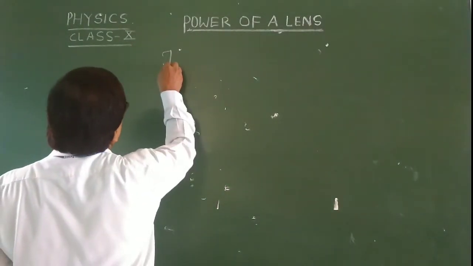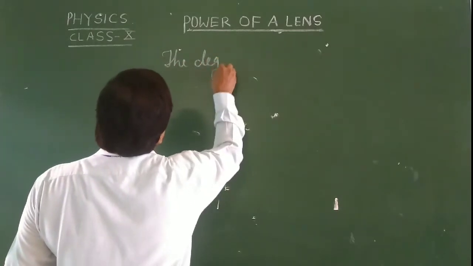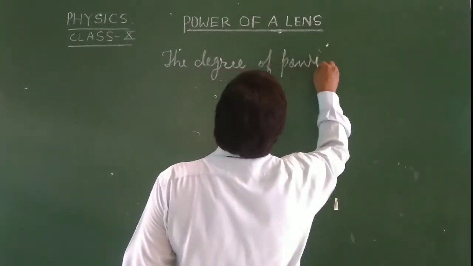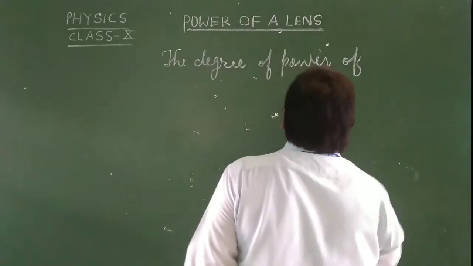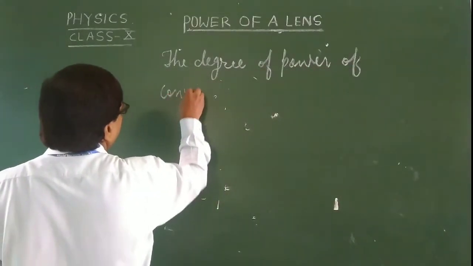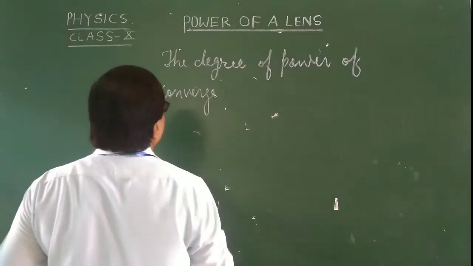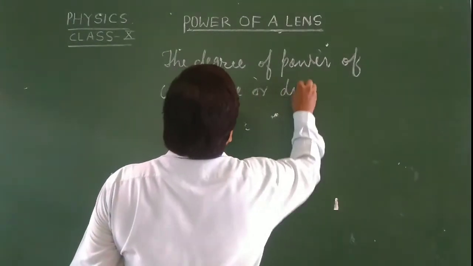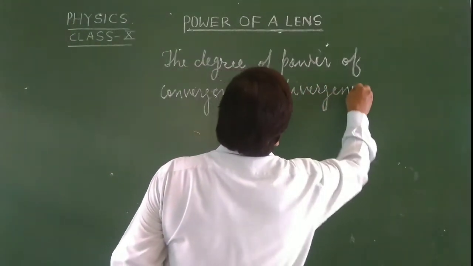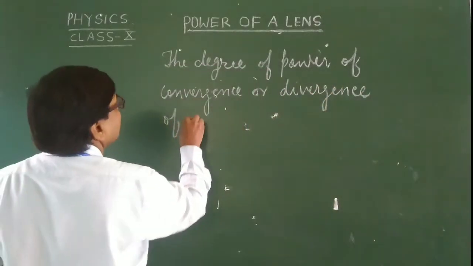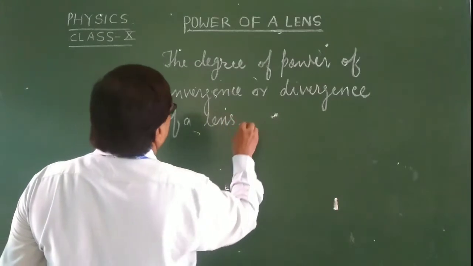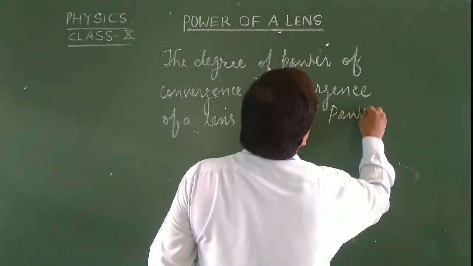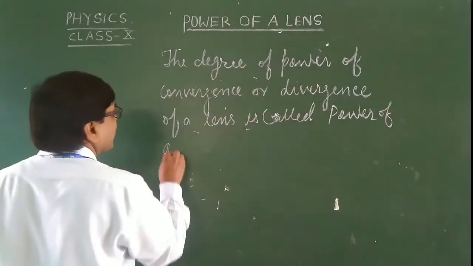The degree of convergence or divergence of a lens is called power of lens.